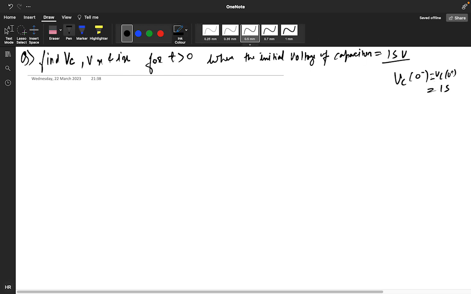If they mention initial capacitor voltage, it is Vc. If they say initial inductor current, it will be current.